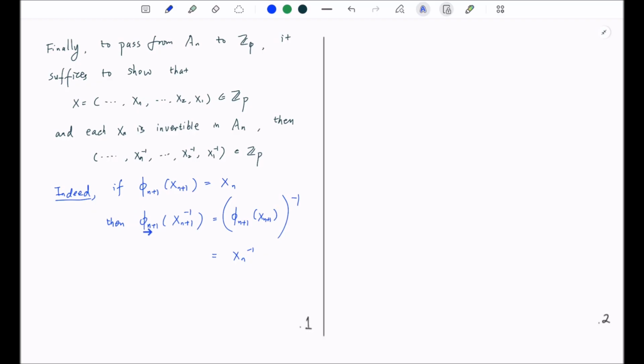So phi_{n+1} of x_{n+1} inverse is equal to x_n inverse. Therefore, this sequence is again compatible.